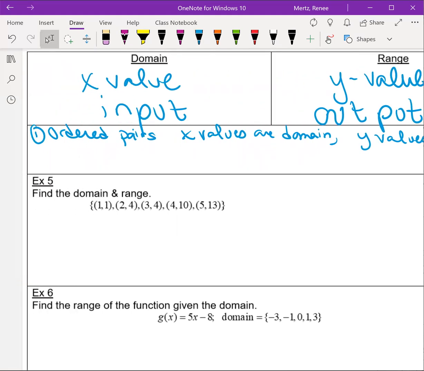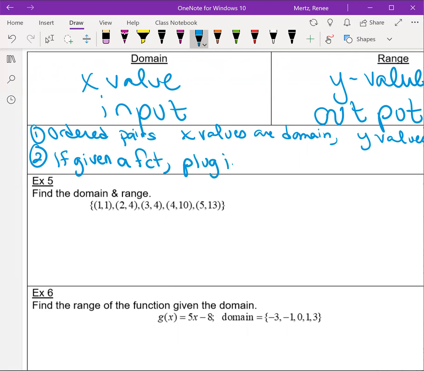The other option is if you're given a function. FCT is my abbreviation for function. If you're given a function, you might have to plug in the x values to find the y values.